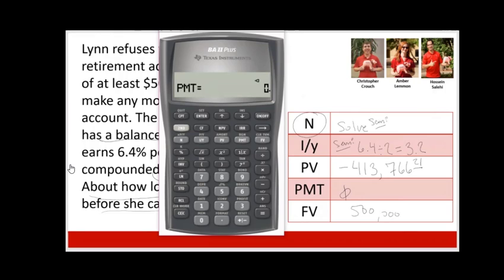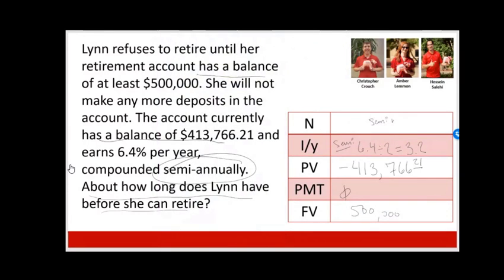Okay, so now the last step is just compute and then n. Okay, so we come up with 6. However, you need to realize that that's 6 semi-annual periods. So really, we would divide that by 2 to arrive at 3 years.